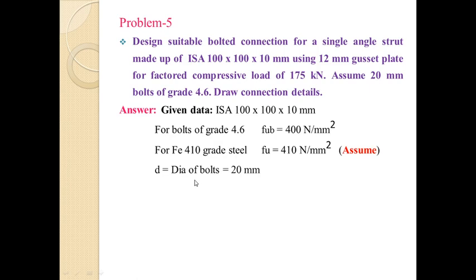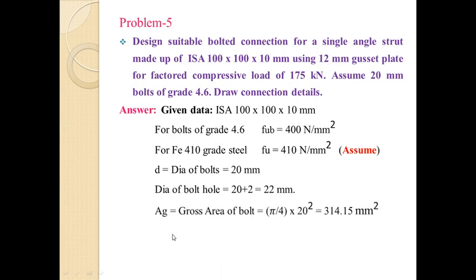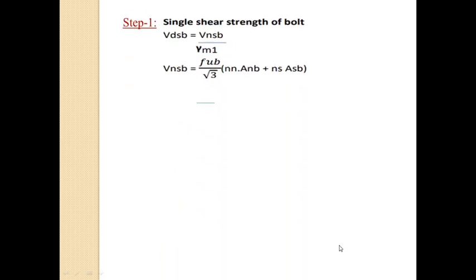Then d is the diameter of bolt, that is 20 mm. Diameter of bolt hole we calculate as 20 plus 2, that is 22 mm. Gross area is pi by 4 into d square, that is 314.15 mm square, and net area is 0.78 multiplied by gross area, which is 245 mm square. So step number 1, single shear: VDSB is equal to VNSB upon gamma m1.